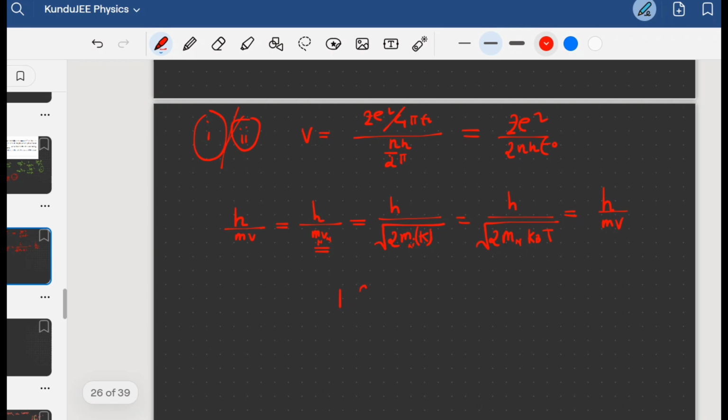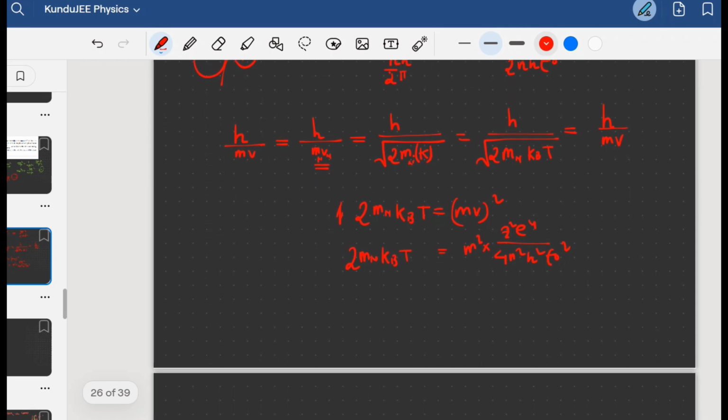From here we can write 2 mn kb into t will be equal to m square into v square. The expression of v square we have already got, that is z square e to the power 4 by 4 n square h square epsilon naught square, and that is equal to 2 mn kb into t.